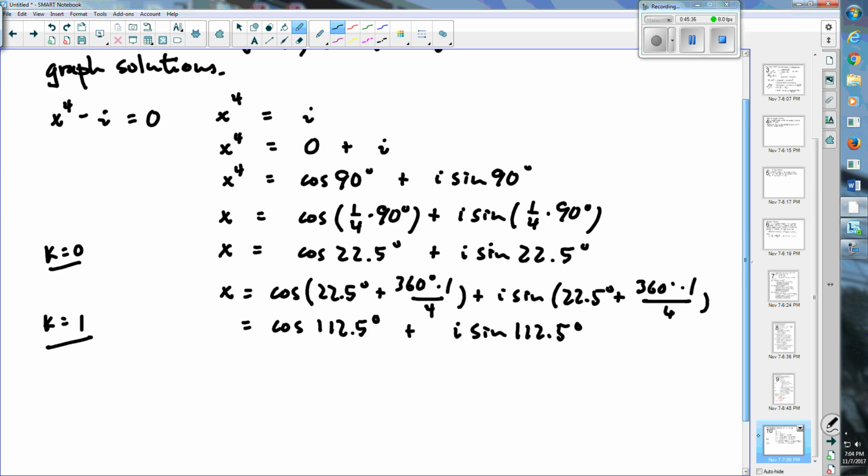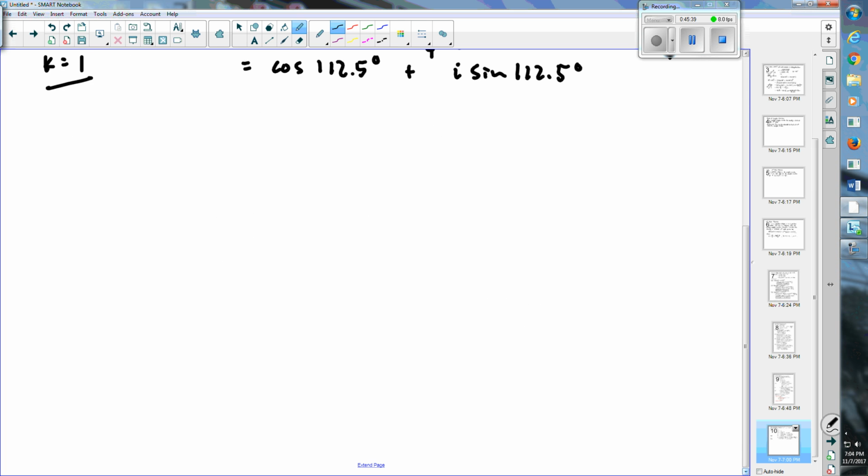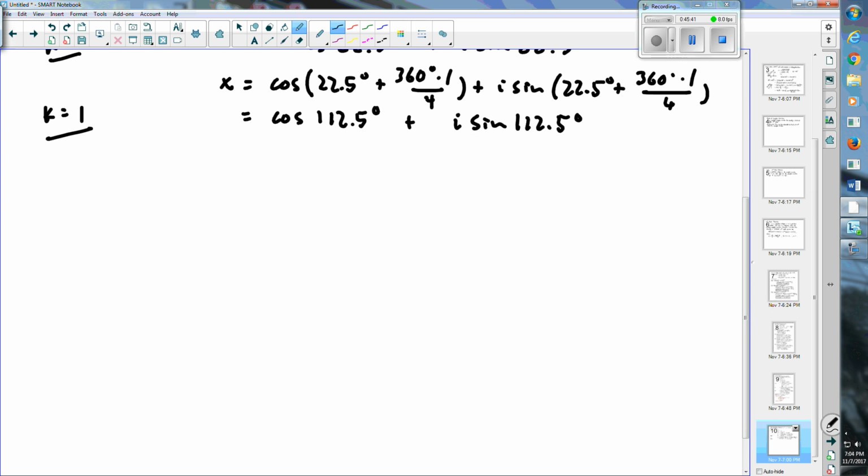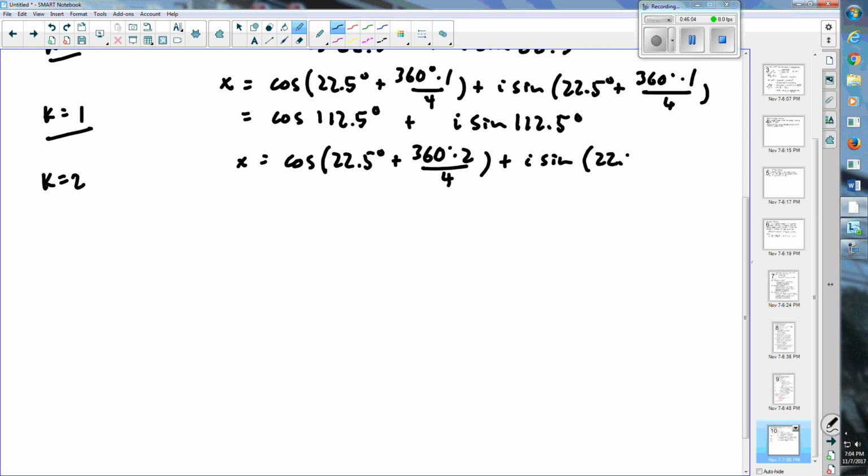Let's try k equal to 2. I'm going to make some more room here. So for k equal to 2, we have x is equal to the cosine of 22.5 again, plus 360 degrees times 2 over 4, plus I times the sine of 22.5 degrees plus 360 degrees times 2 over 4.